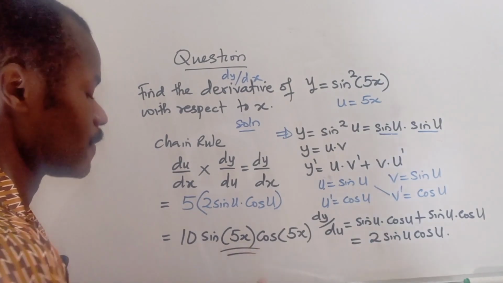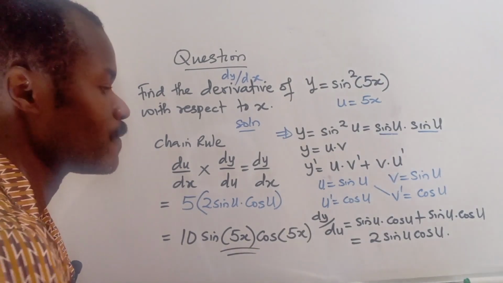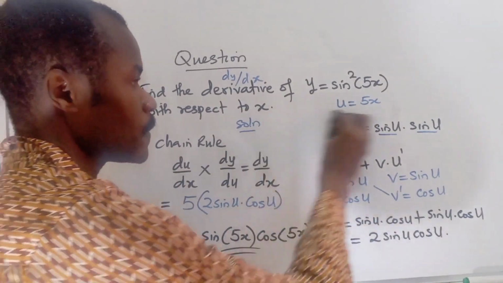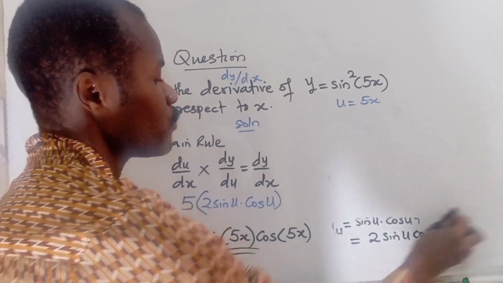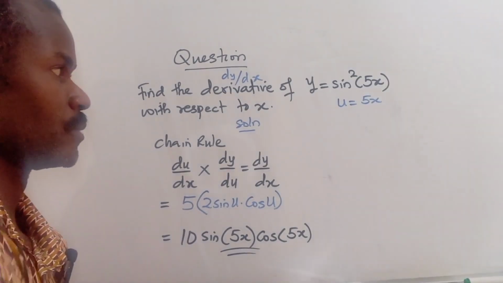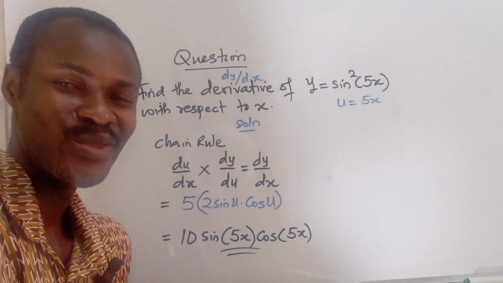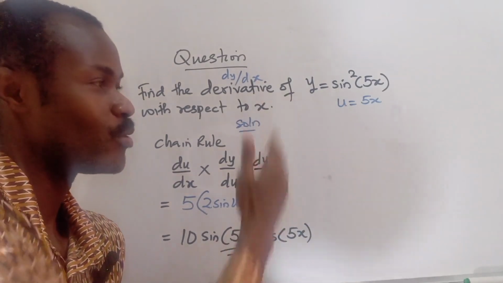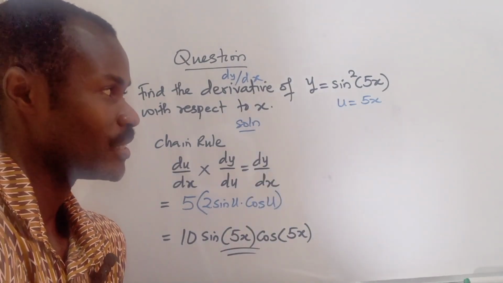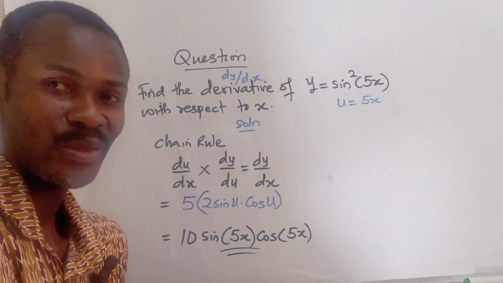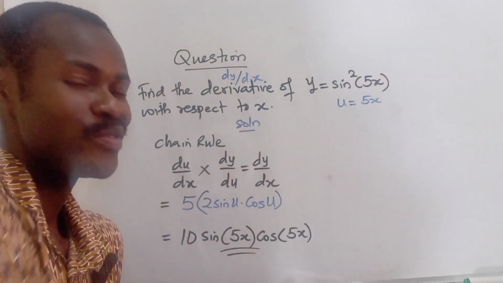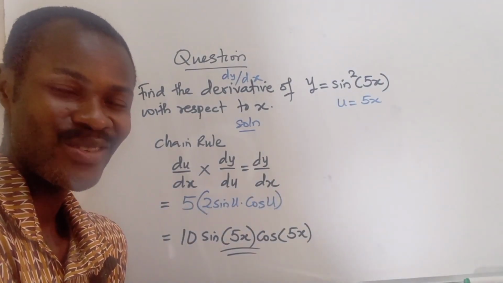So this gives us the final solution to this simple problem on the derivative of sine. This gives us our simple solution to this problem on y equals sine raised to the power of 2 of 5x.